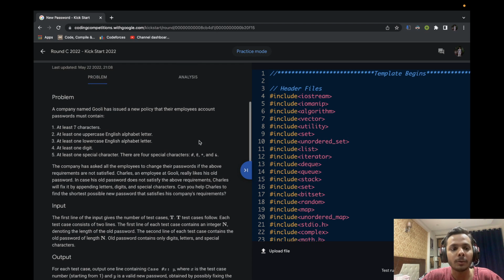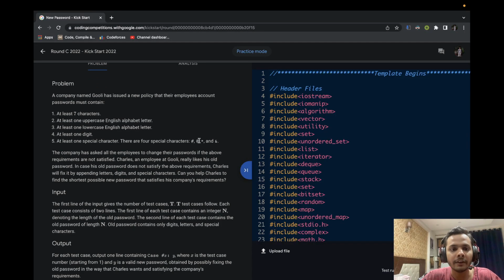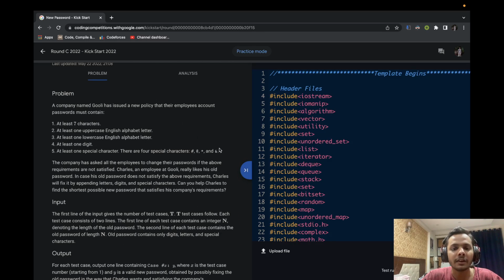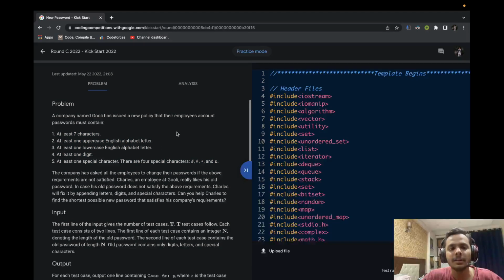And now we have been provided with the password, and we need to append the minimum number of characters to this password such that all these 5 conditions are satisfied, and we need to output a valid password which has minimum length and all these 5 conditions are satisfied. So the solution here is pretty simple. We can simply check for all the 4 conditions from 2 to 5 whether there is an uppercase letter, a lowercase letter, a digit, or a special character.